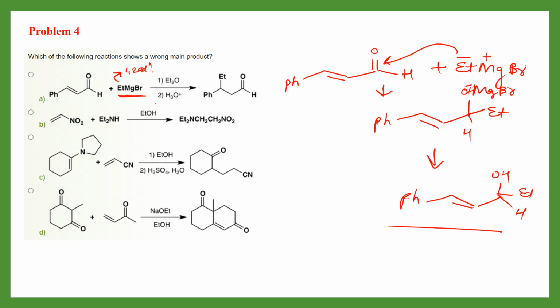So this is going to be your main product. But here they have done 1,4 addition. The question is asking for the wrong main product. So this is your wrong main product. So option A is correct. Let's see another option. Okay, base is given. Base is going to abstract a proton from here. It will become an anionic nucleophile and it will add in 1,2 fashion or 1,4 fashion. 1,4 I think.